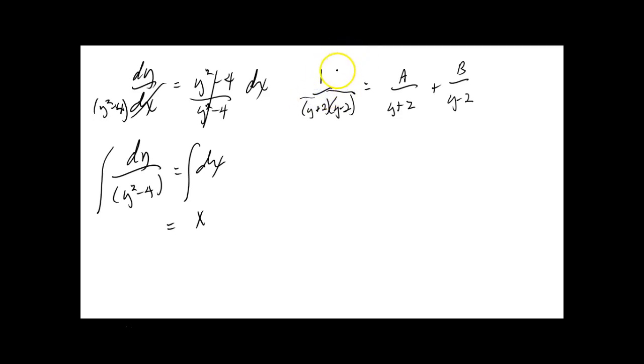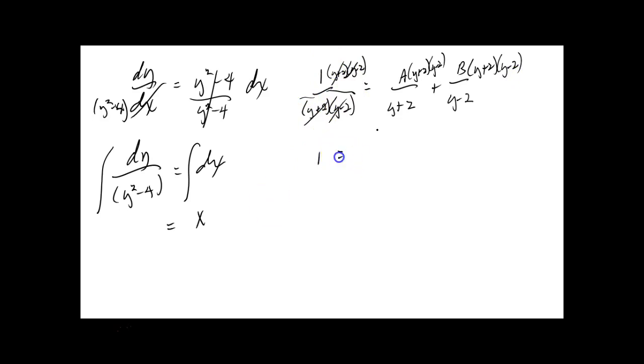Because some of them can get a lot more complicated, you're multiplying everything on both sides by y plus 2 times y minus 2. And here, everything goes out but 1.